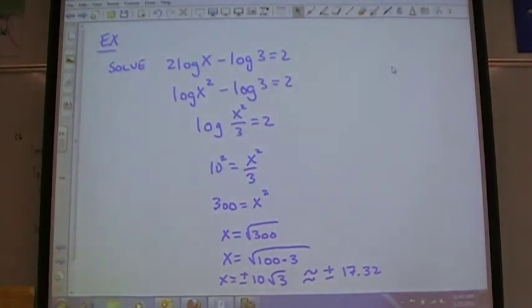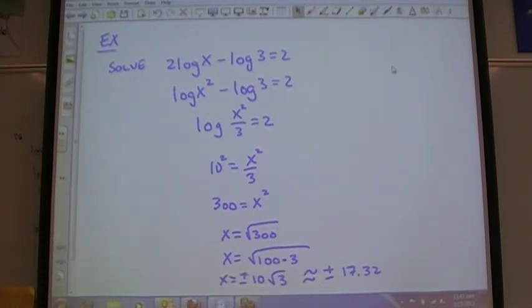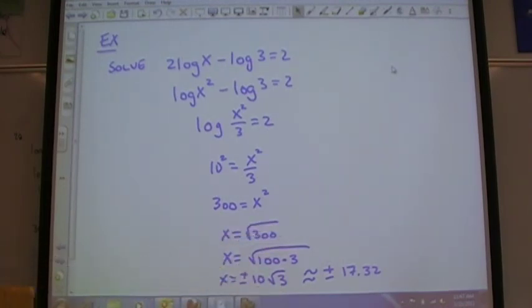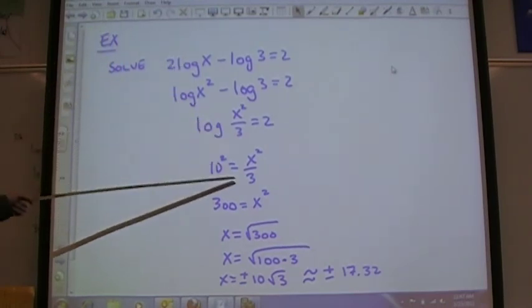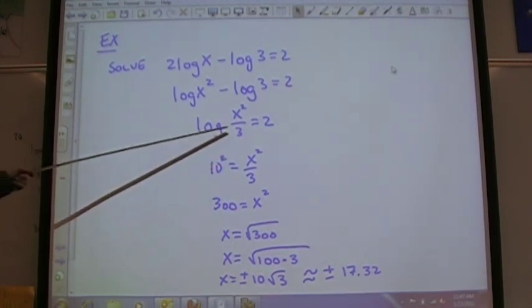If I asked for the approximate answer, it would be plus minus 17.32. You would just type this straight into your calculator, square root of 300, and get that. So the only thing different in this example from the previous one was you had to do some condensing before you got to this point. But I think once you get here, you should be set.